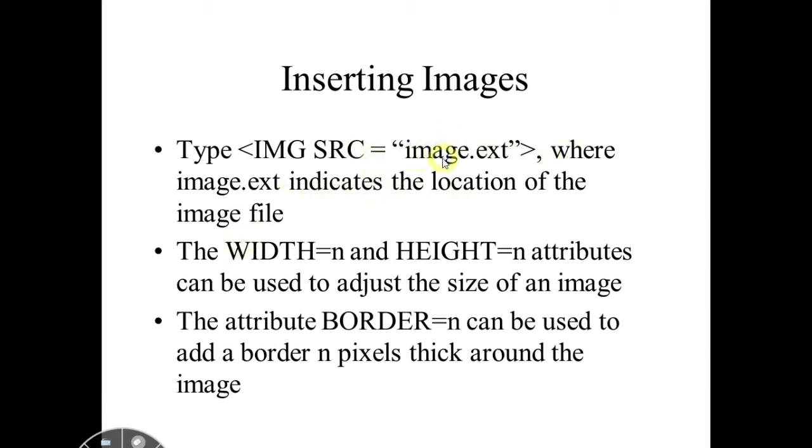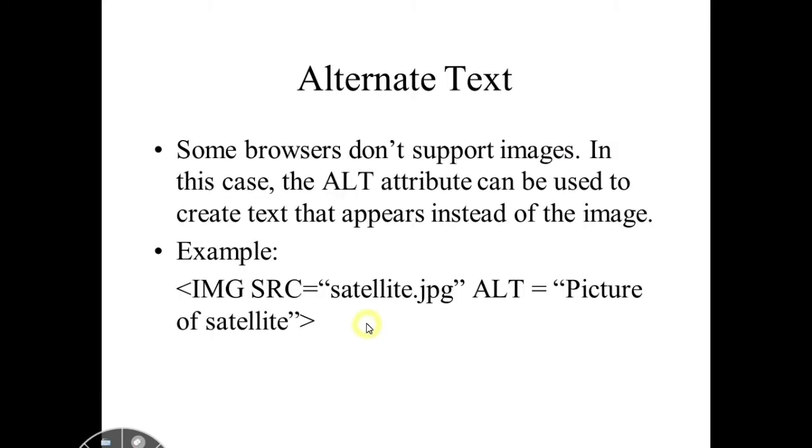You can set its width and height, the size of the image, how many pixels you want, and the border size, the picture outline border. Border can be used to add a border of a given pixel thickness around the image. Alternate text, you can use the alt tag for pictures.